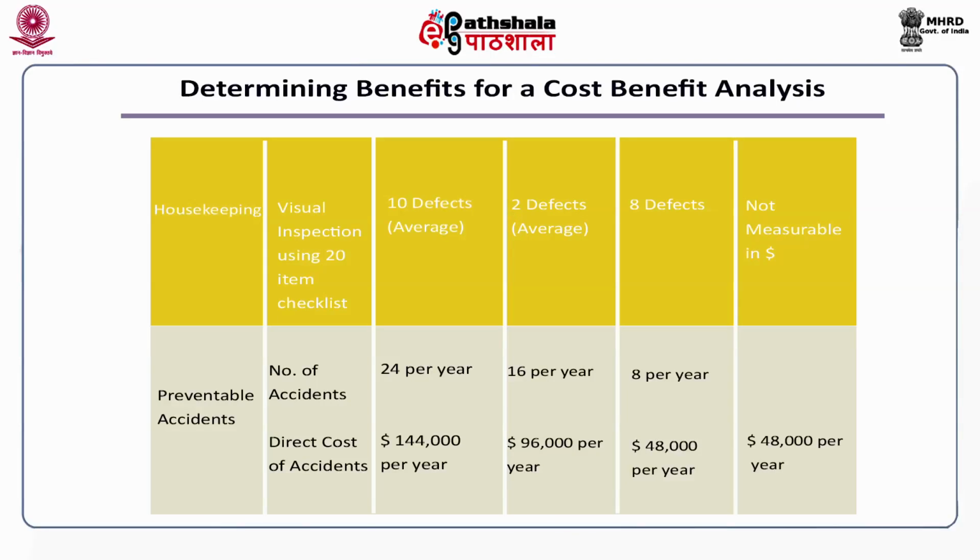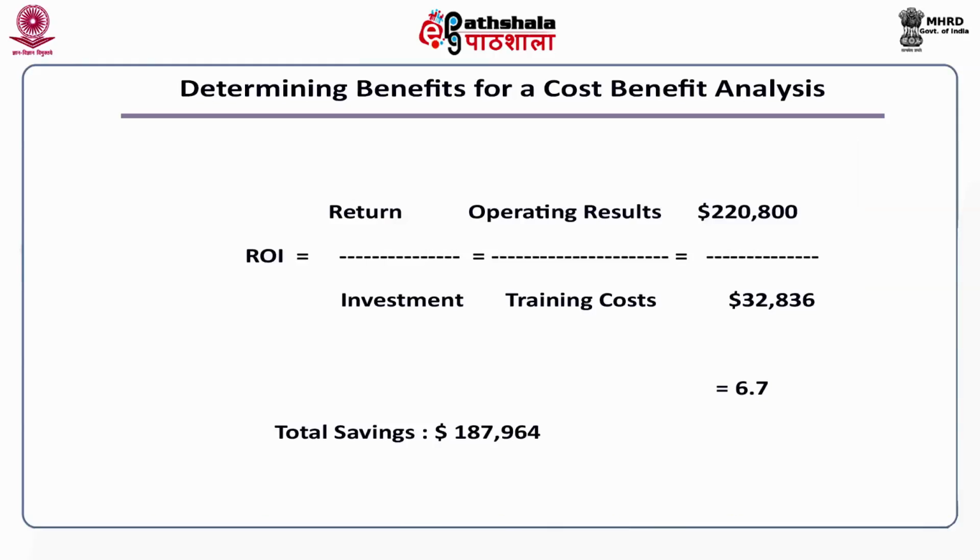After training it was 16 accidents per year. So, what is the difference? Difference is 8 accidents per year. If we convert it in monetary terms, it will come out to be around $48,000 per year.